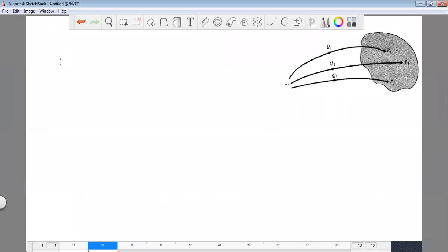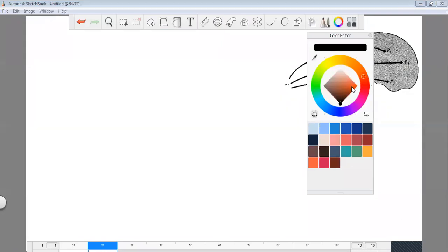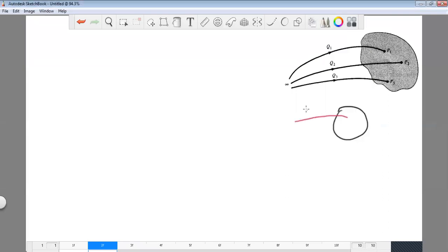Next, suppose the point charges are placed in reverse order. In the previous condition, first point charge Q1 is moved, then Q2, and then Q3, in the order Q1, Q2, Q3.